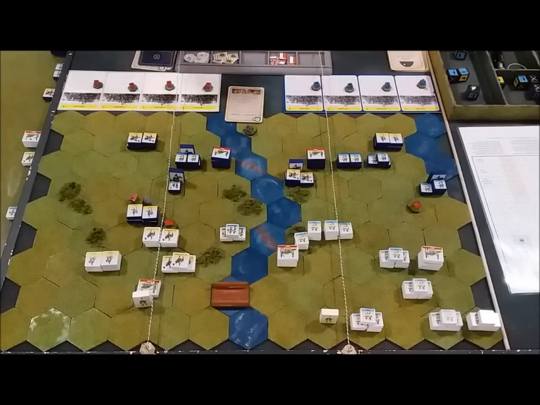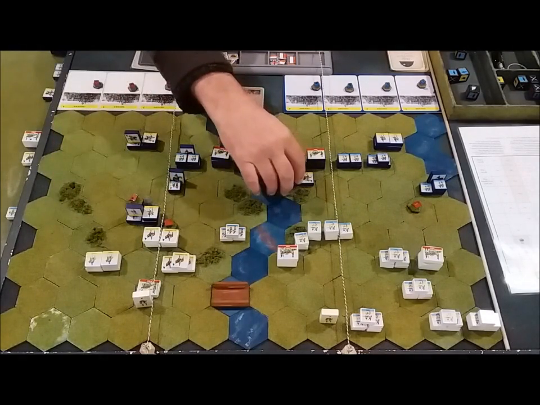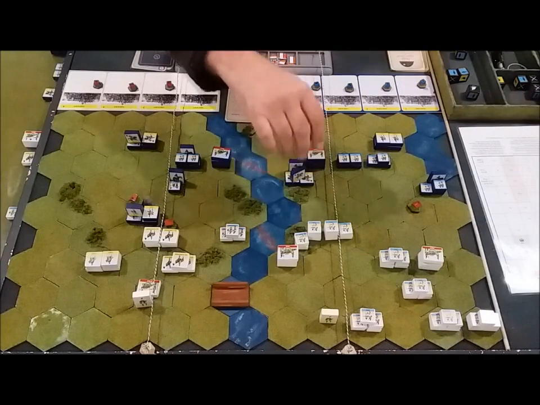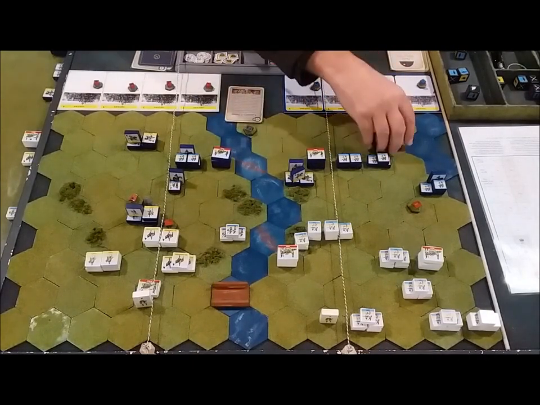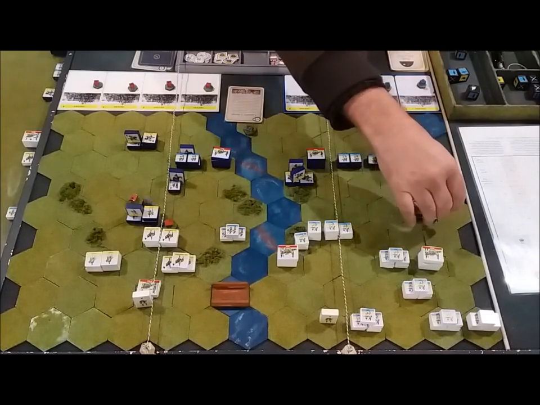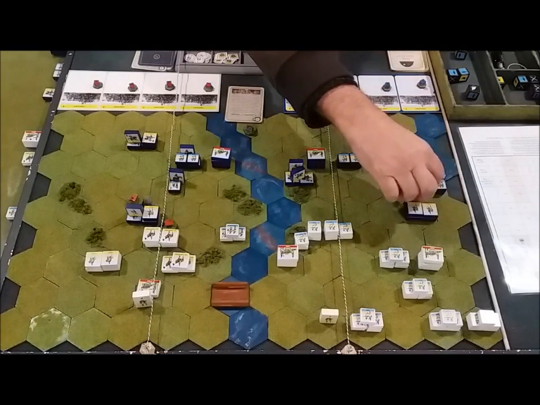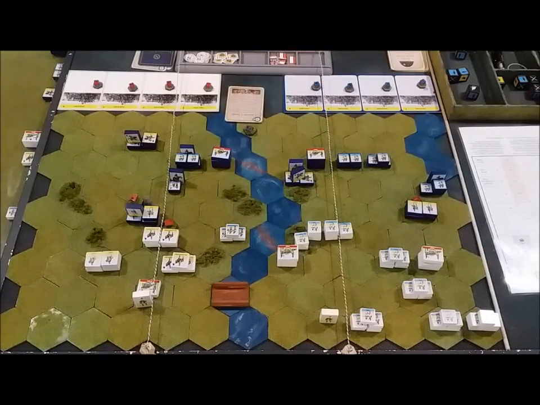Righto. So we have 1, 2, 3, and 4. This one is going to go 1, 2, 3 into the town. And again, it's just a holding position for battle points.